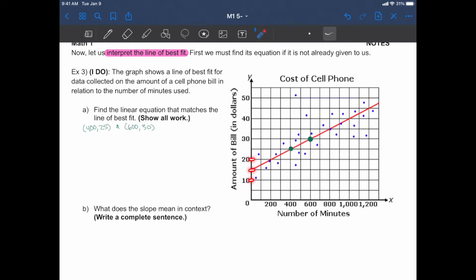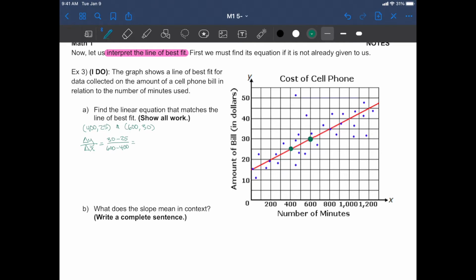10, 15, 20, etc. So you have to pay more attention to the distance between the two y values, 30 and 25, which is 5. And the way that you write that is change in y over the change in x. Okay, this is the same thing as me saying 30 minus 25. And then when I look at this horizontal distance, that's the change in x. So from 400 to 600, that's given by this calculation.